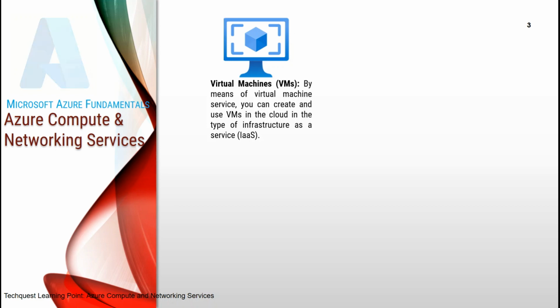Just like a physical computer, you can customize all of the software running on your VM. When you want total control over the operating system, OS, or the ability to run custom software or to use custom hosting configurations in your Azure cloud computing, in this case VMs are an ideal choice.